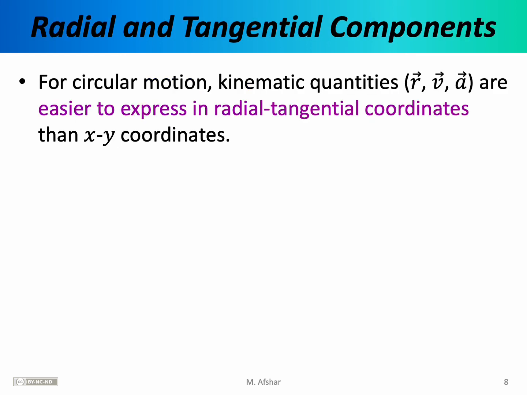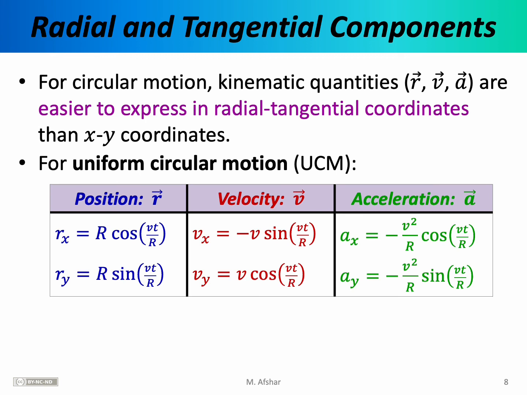We have claimed that for circular motion, kinematic quantities such as position, velocity, and acceleration are much easier to express in the radial-tangential coordinate system compared to the standard xy coordinate system. To appreciate that fact, recall that in the standard xy coordinate system, the position vector's x and y components had to be written as r cosine vt over r and r sine vt over r.